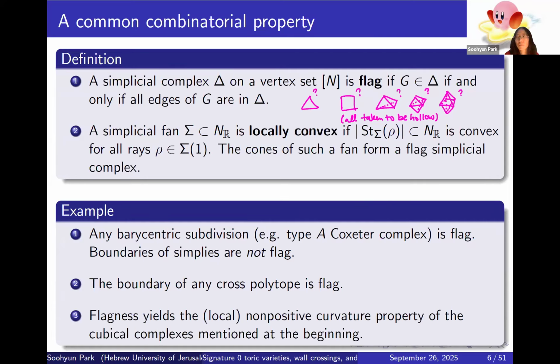The reason we included the stuff with the cubes at the beginning was because the condition for having non-positive curvature in that setting is exactly flagness. And the non-negativity of the alternating H vector is like the Euler characteristic that we want to look at.